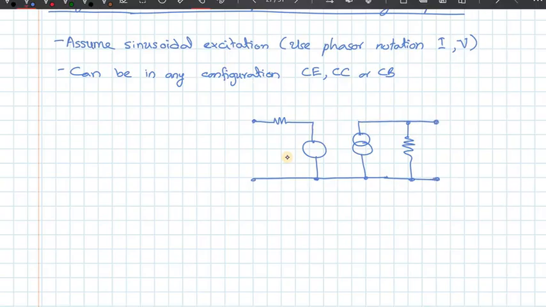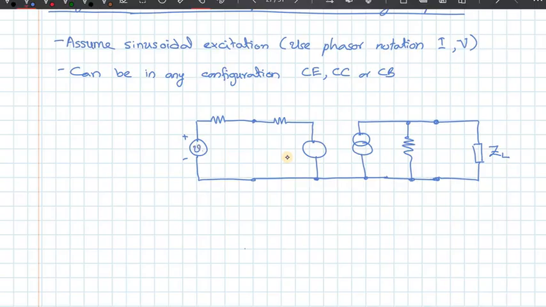The external circuit I'm going to represent as a Thevenin's equivalent circuit. The output is just a load, which I mark as a general impedance ZL rather than a resistance, and the input is replaced with its Thevenin's equivalent, a source.